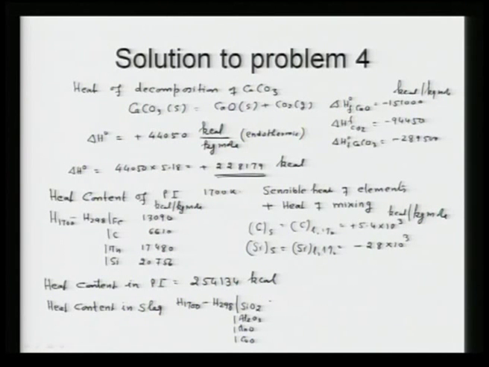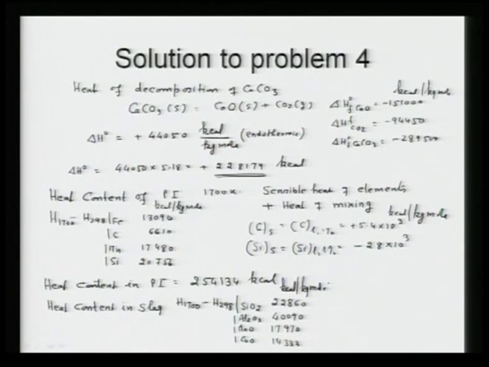Here for SiO2 it is 22860, Al2O3 40090, 17970 and calcium oxide is 14333. Mind you, they are again in kilocalorie per kg mole.